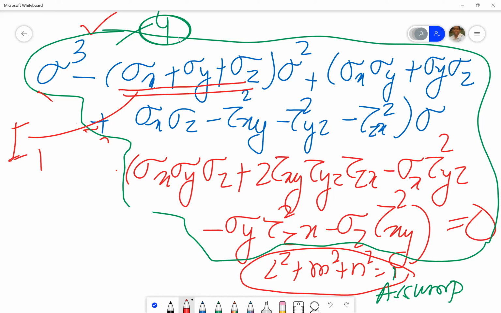If sigma x is 30 MPa, then the sum of sigma y and sigma z is 70 MPa. So the summation cannot be changed. This is the first invariant we have obtained here.